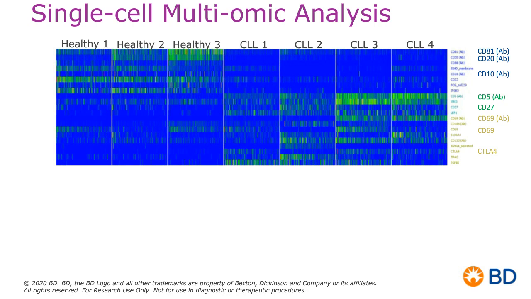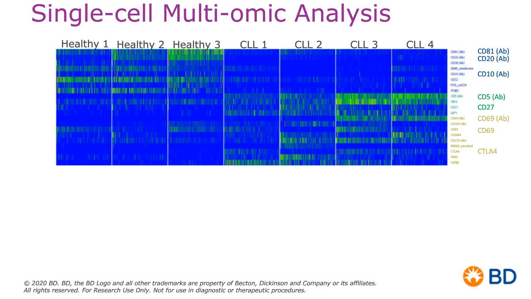And what's really interesting, though, is if we take a look at something like CD69, I was talking about this earlier, where mRNA and protein are not always a good correlate. If I take a look at my CD69 mRNA in my CLL sample 3, it's positive, right? I can see mRNA for CD69, and I can also see corresponding CD69 antibody expression.